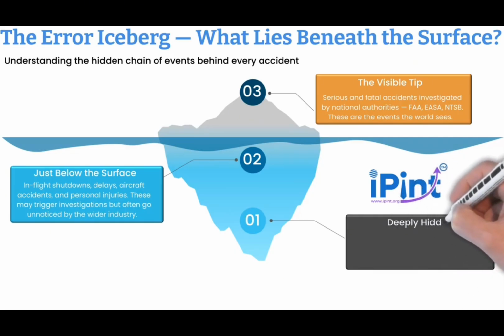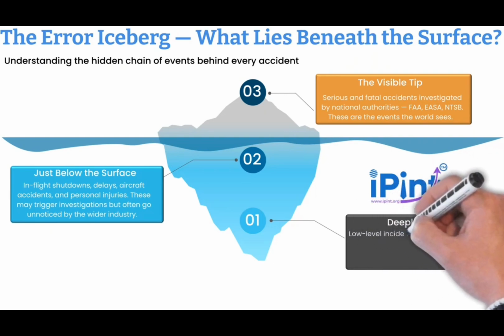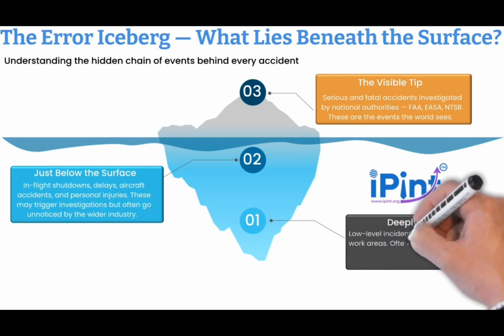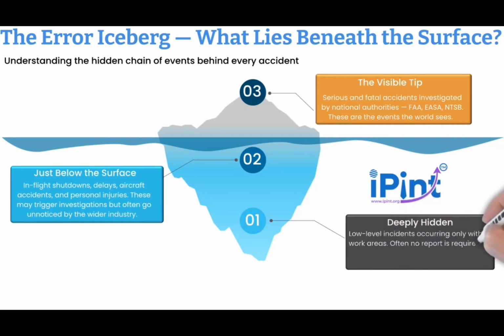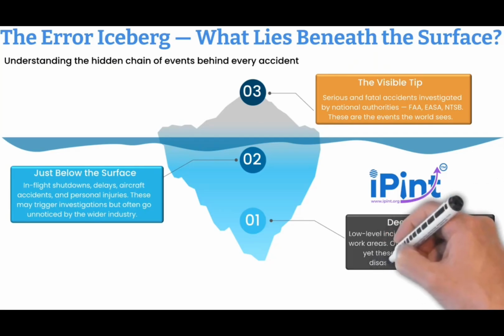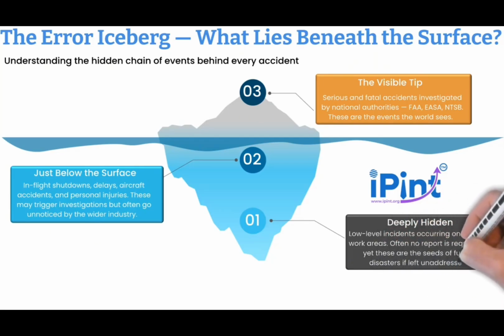And at the bottom, deeply hidden, are the low-level incidents, the near misses, the shortcuts, the small errors that happen within the work area and never make it into any report. No one outside that team ever knows they occurred.